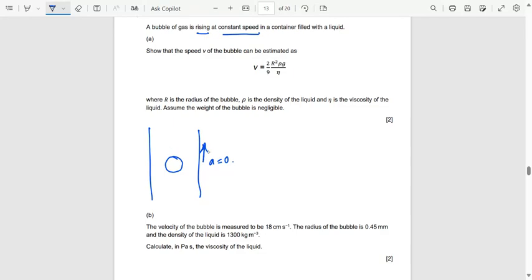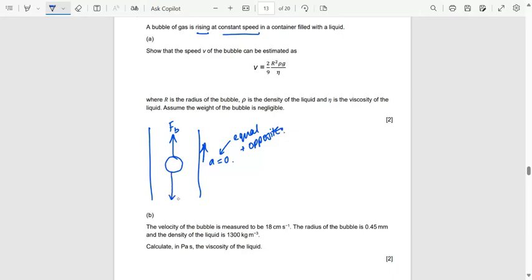Now, if it's rising, then the upthrust is equal and opposite, because the acceleration is 0, to the drag.